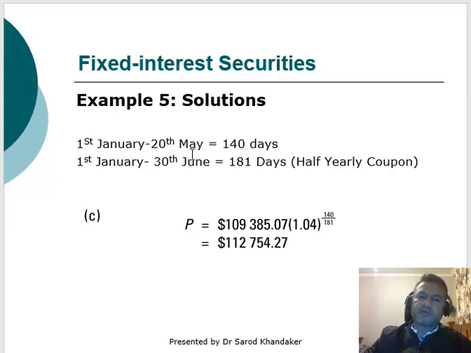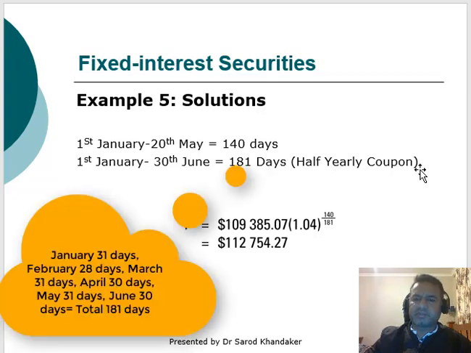From 1st of January till 20th of May, there are 140 days. From 1st of January till 30th of June, there are 181 days, for the half yearly coupon payment. How can you calculate the 181 days? You calculate the number of days in January, February, March, April, May and June, add all those days, and you'll find 181.